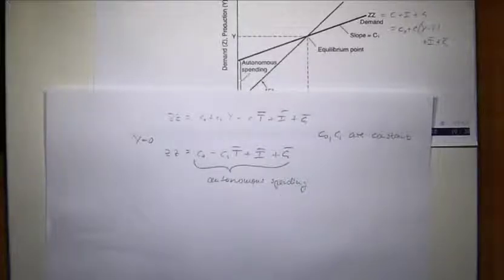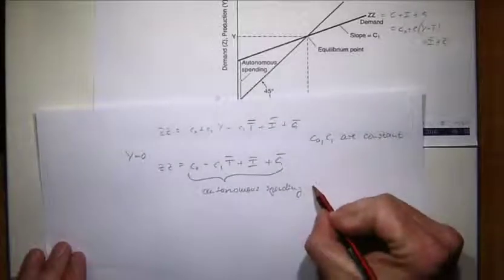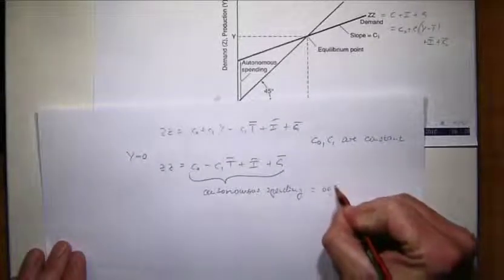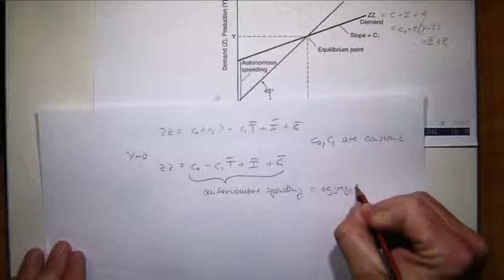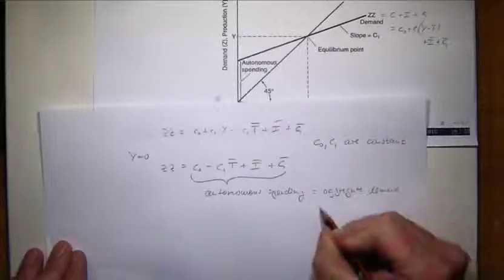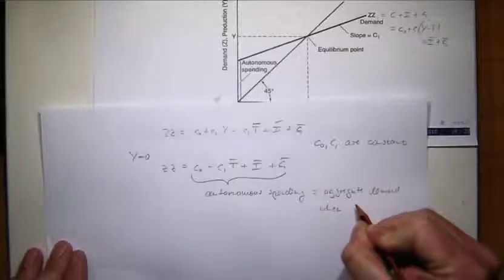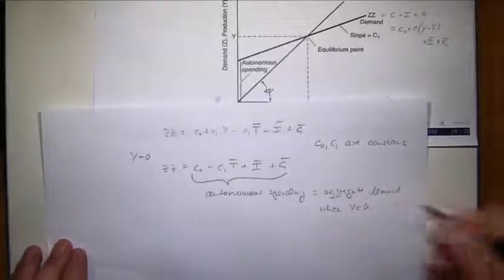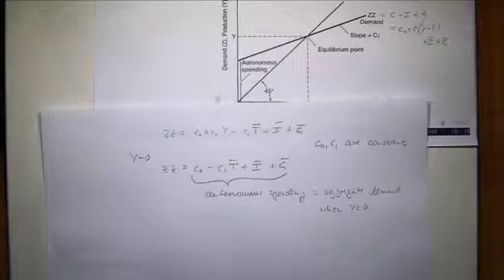Okay, so this is the demand in the economy, so that's the aggregate demand. It's independent of output. So it's not when this is 0, when it's independent of output.